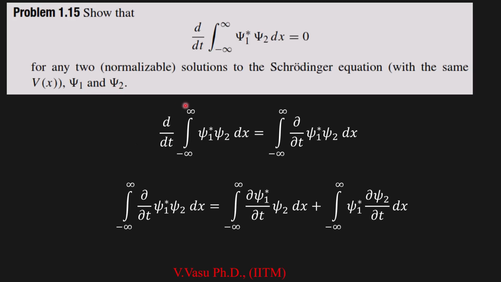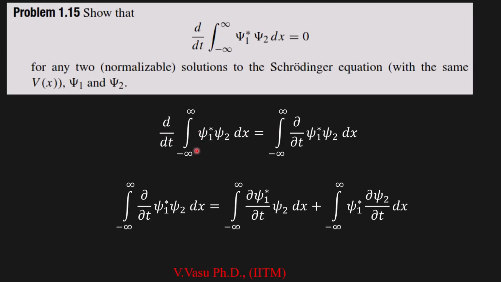So by definition, we have to find the time derivative of the integral between minus infinity and plus infinity of psi 1 star psi 2 dx. You bring the time derivative inside the integral.